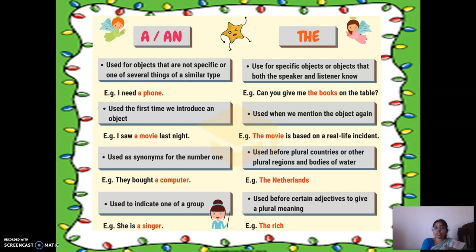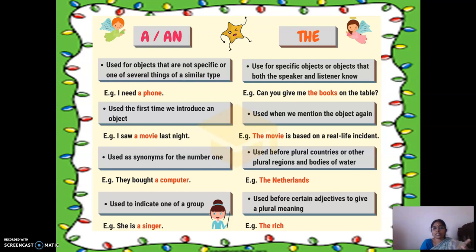Not specific, or one of several things of a similar type. Same types of phones are there. Out of that, I'm going to pick up one. So at that time we will use a. When you are using it for the first time, when you are introducing an object, that time we will use a.